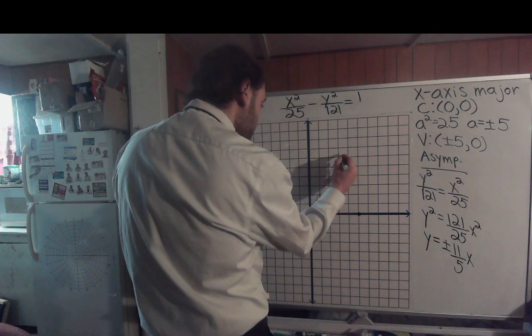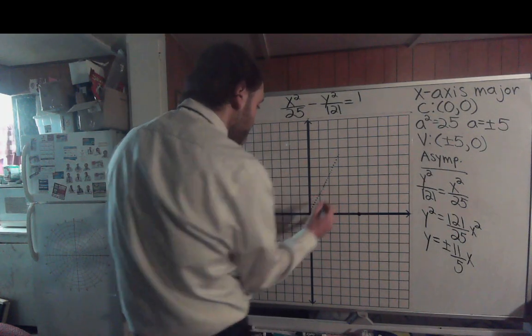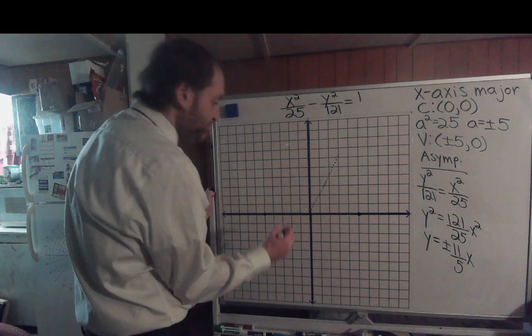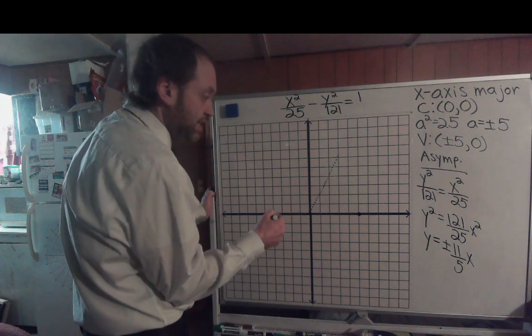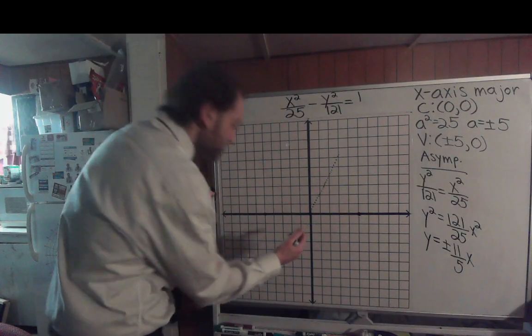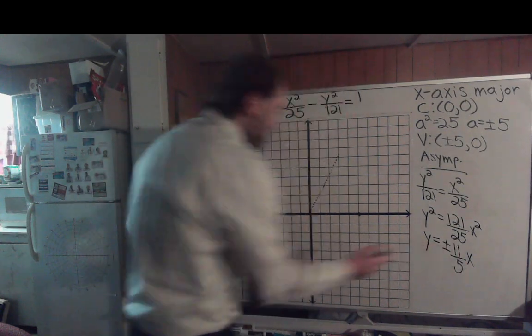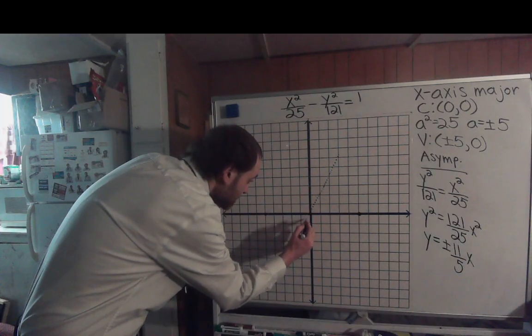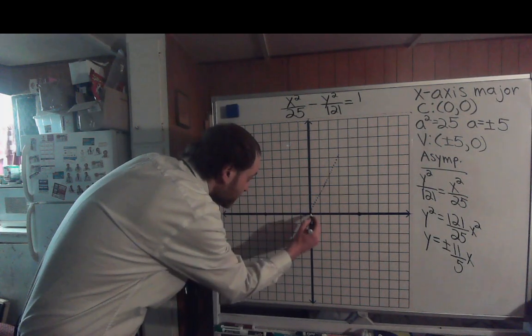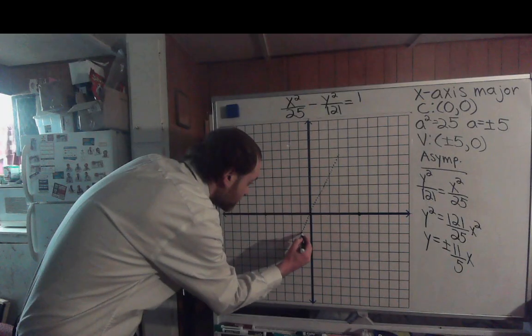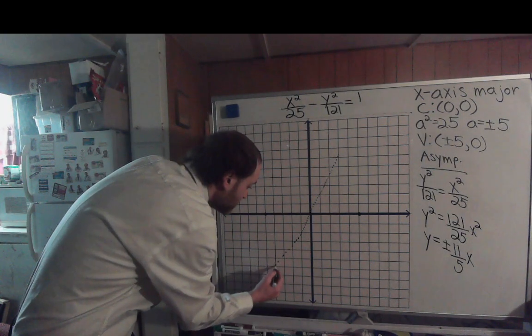Just trying to get a good asymptote here. Okay, I think we kind of get the picture. See, at -1, that'd be -11/5. If we're doing the plus 11/5 asymptote, that'd be -2 1/5. Okay, so I think we get a sufficient picture of what this asymptote's going to look like.